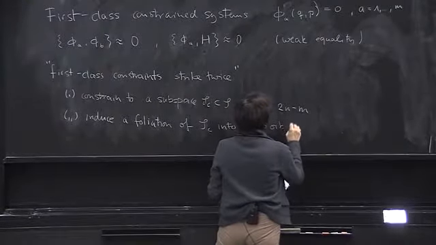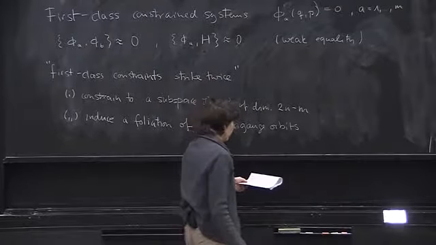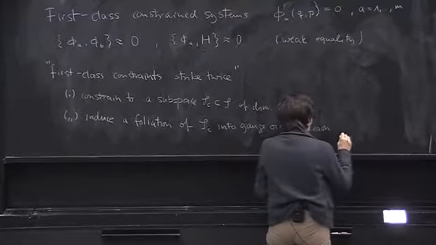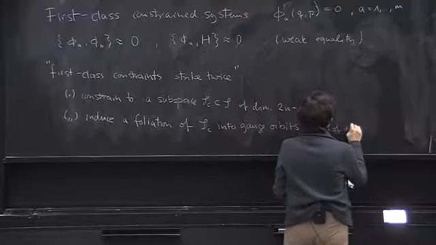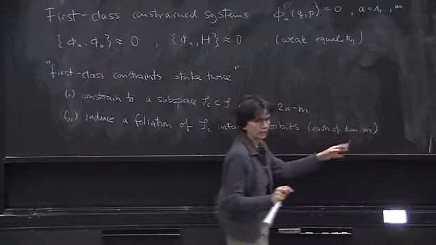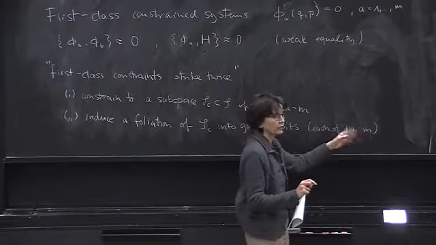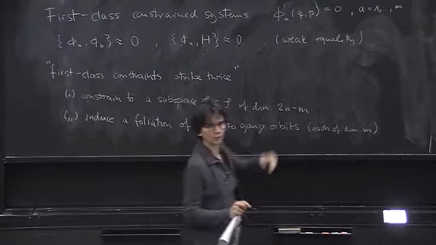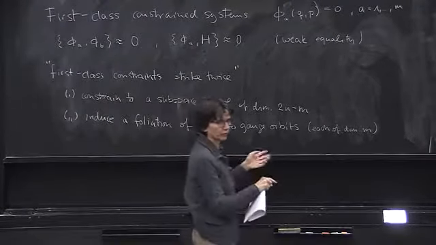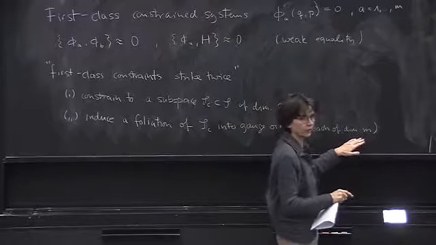Each of these gauge orbits has dimension m. And the fact that this is true rests also on the assumption that I've stated somewhere along the way, that these m constraints are really independent, they span independent directions in phase space.